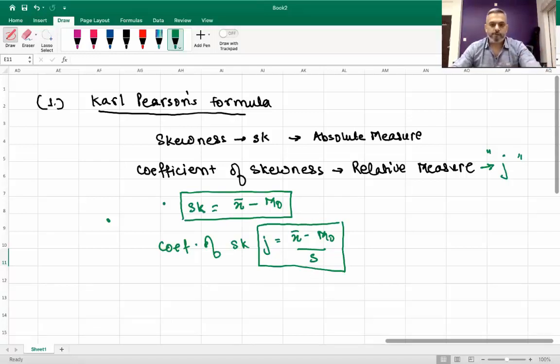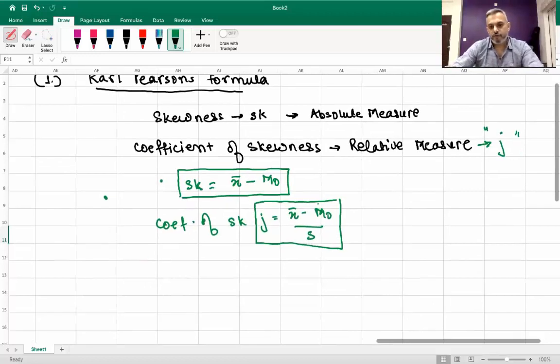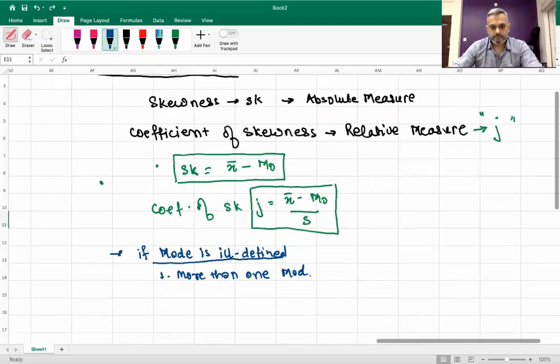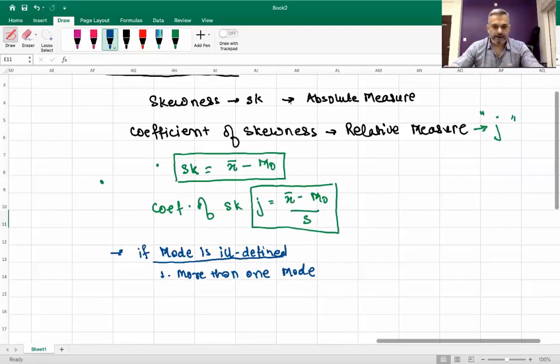But then there is a problem over here. The problem is that this mode measure, in case if mode is ill-defined. Ill-defined means what? We have already seen this in measure of central tendency. Ill-defined means first, more than one mode, or more than one modal class.